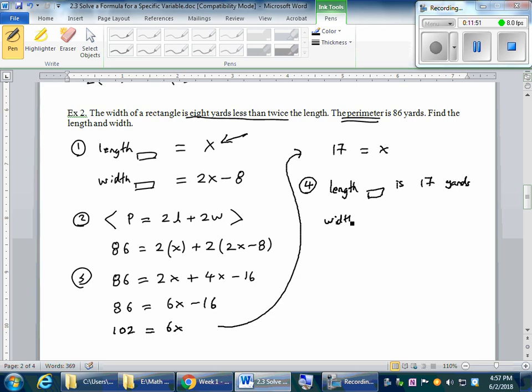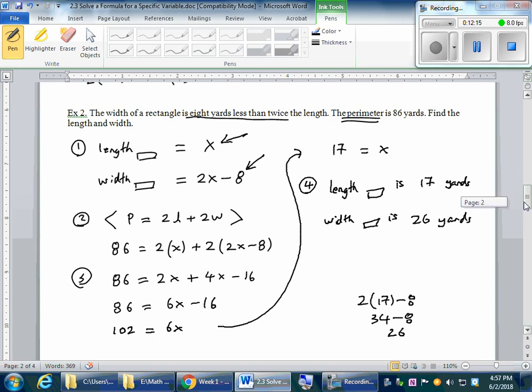The width of the rectangle is represented by this expression, so we need to do the computation. 2 times 17 minus 8, that is basically 34 minus 8, which is 26. So the width is 26 yards.